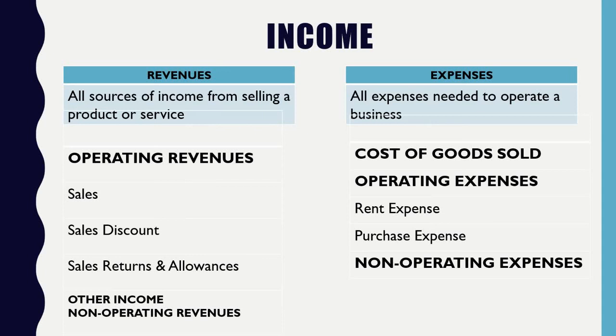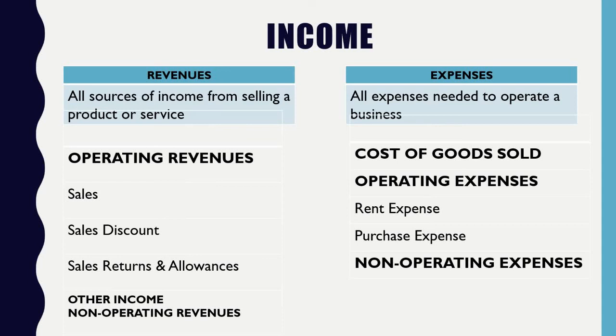And usually these are generated from things that are not the core business of your company. So for example, if I buy shares or I'm partnered up with another company, and they send out dividends, I can use those dividends as a source of income for my company.